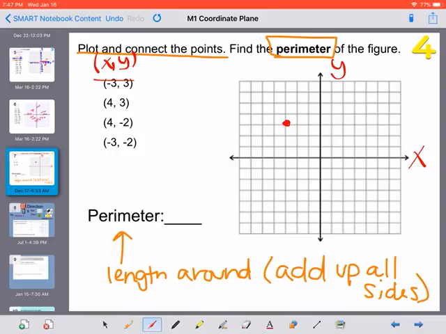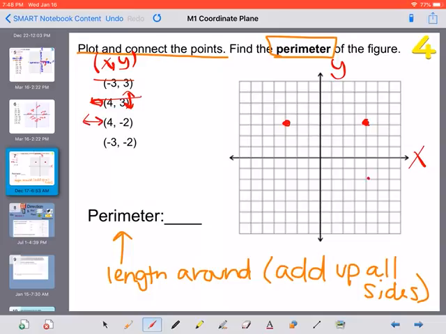Then 4, 3, x's left to right, then up and down. So positive 4 is to the right, 1, 2, 3, 4. And then up 3, positive 3, 1, 2, 3. Just plot your point there. You don't need to draw the line to connect them. Next one, 4, negative 2. On my x-axis, 4 is to the right.